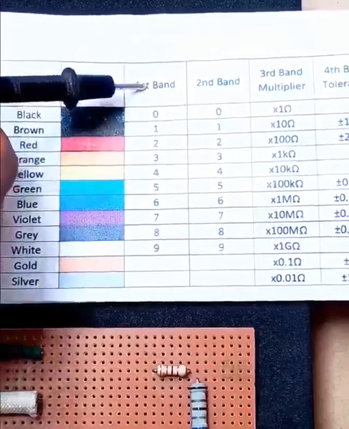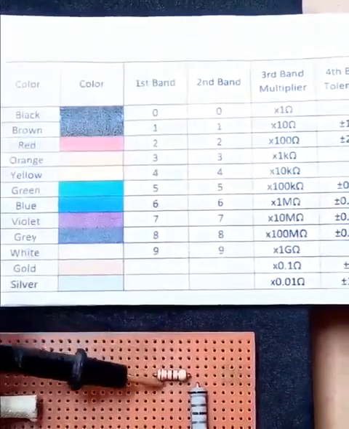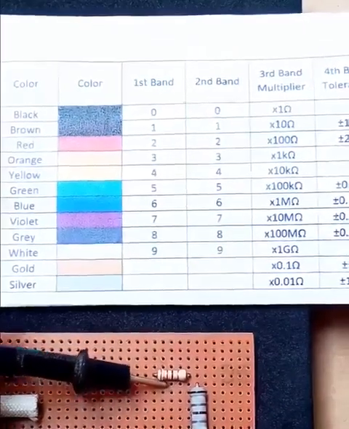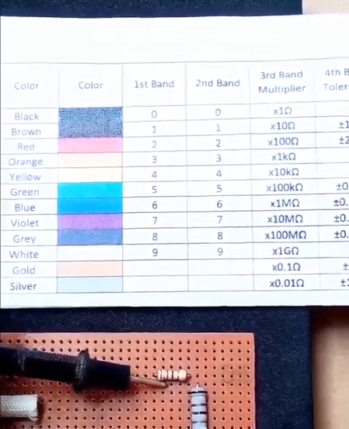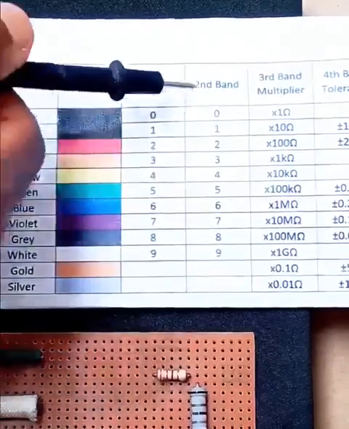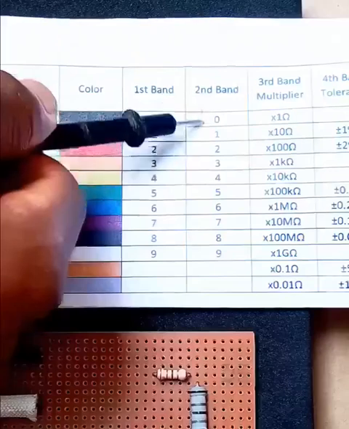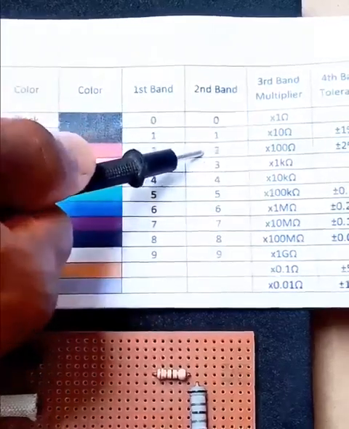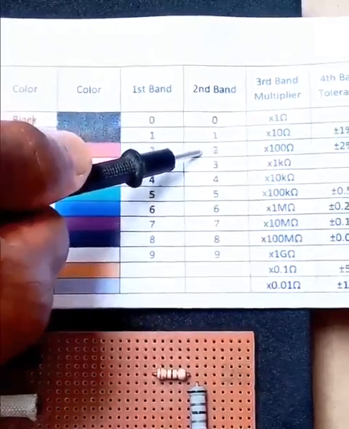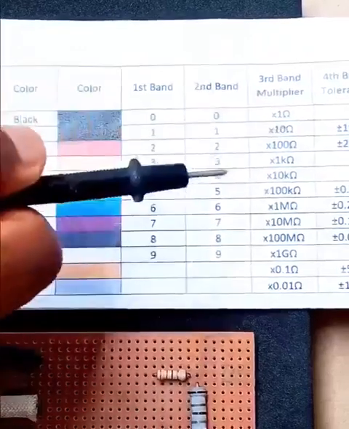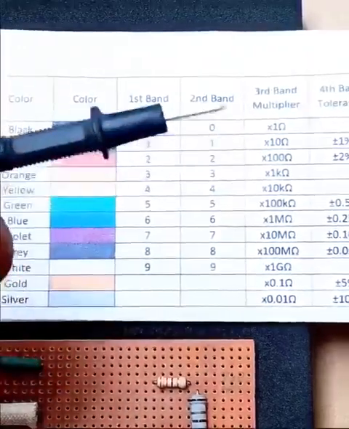The second band is the same, red, and the value of red with reference to the second band is 2. That gives us 22. That is our first 2 digits.